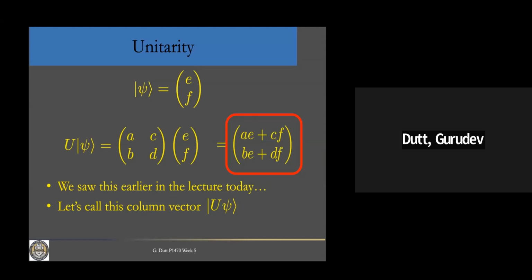So this is a new column vector. I could have called it anything, alpha, beta, gamma, whatever, or phi. Don't get confused by the notation. It just means, remember, that this column vector came by taking U and operating on the state psi. I could have called it alpha, maybe, but I just want to remind you that it's always found by taking U and acting on the state psi.